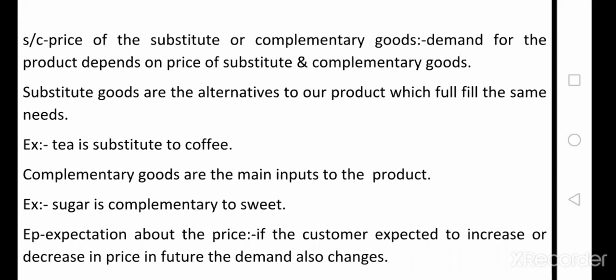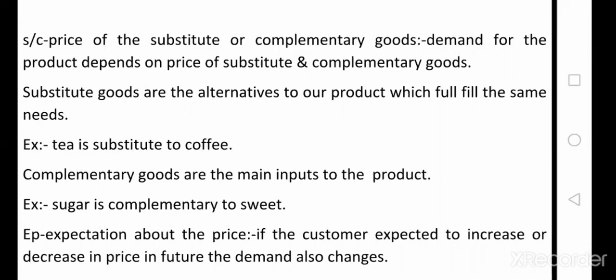For example, tea is a substitute to coffee. If the climate is very cool, everyone gives preference to taking something hot, that is, tea or coffee. There are two options available.